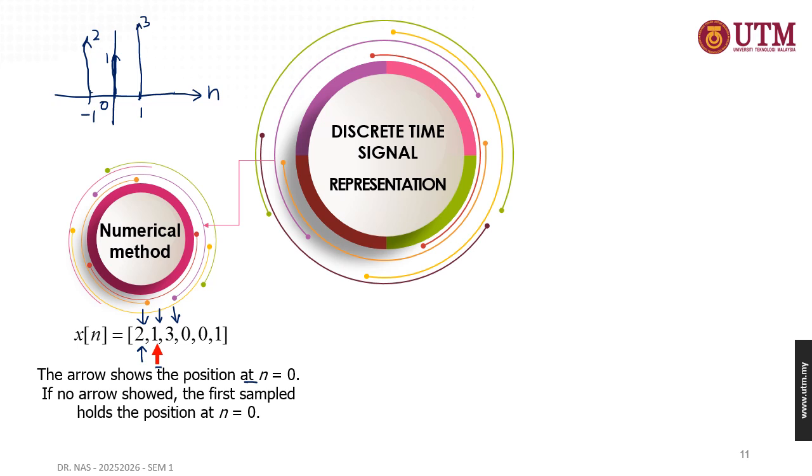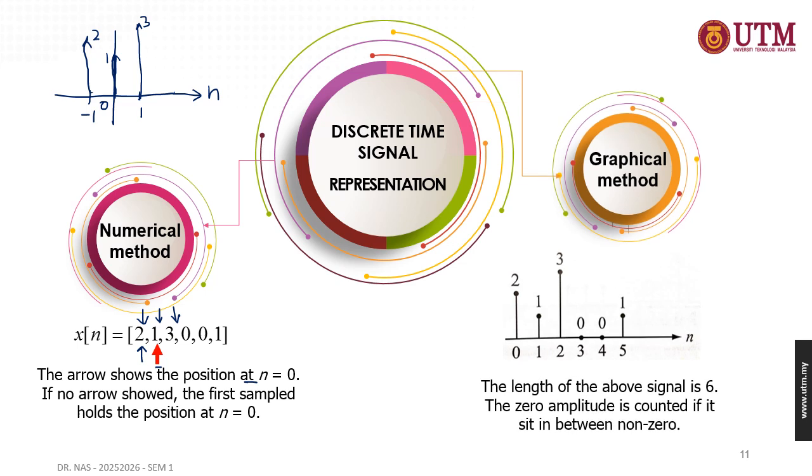Okay, and so on. The second type of representation is by using the graphical method, as in the graph I've shown here. Basically this is the sequence, 0, 1, 2, and so on, and these are the amplitudes of the impulses. Each of these is called an impulse. If you still remember in the first topic, different types of signal, there's the impulse function delta(t), in which you can see something like this.